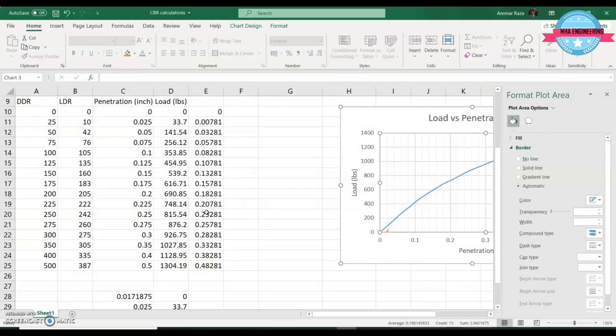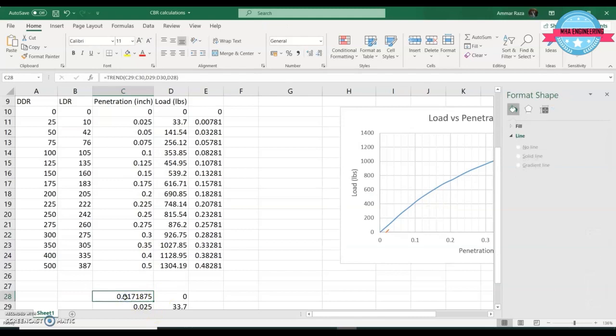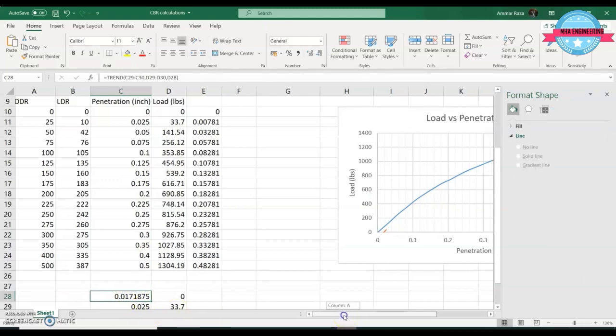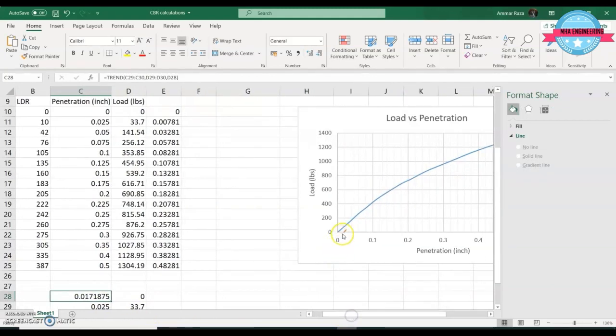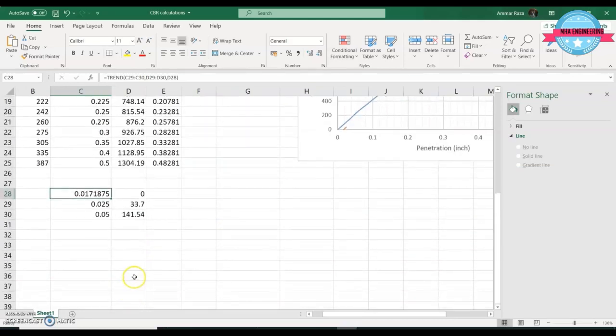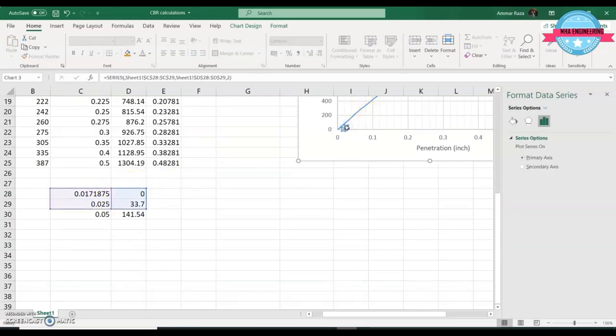When you do that, your entire curve shifts back by this amount. And this part is parallel to this part over here. So you can just delete this one.